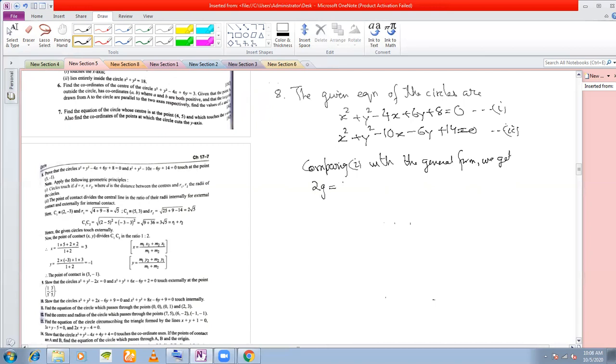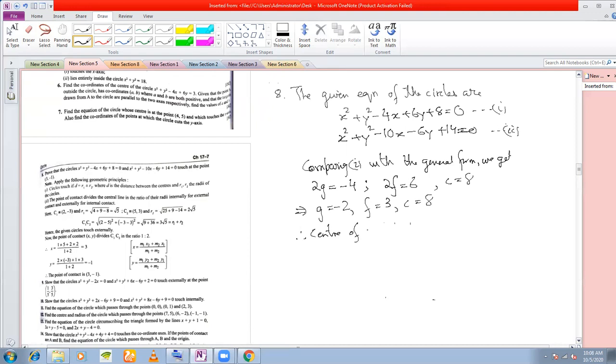And what is the coefficient of x in 1? Minus 4. What is the coefficient of y? It is 6. And what is the coefficient of y in the general form? It is 2f. And c is equal to 8. That means we get g is equal to minus 2, f is equal to 3, and c is equal to 8.